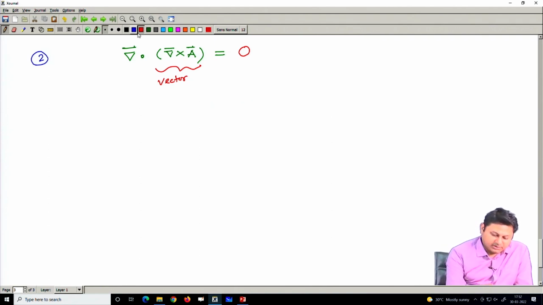Okay, so let us start with the expression. The expression is saying that divergence I need to calculate, and this is curl.